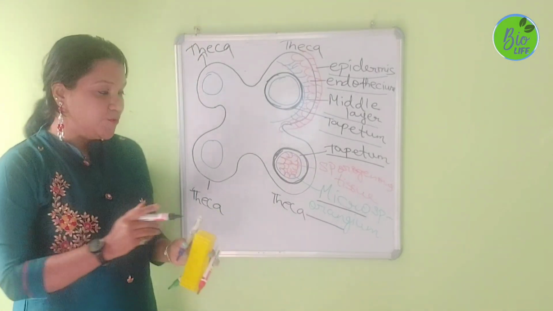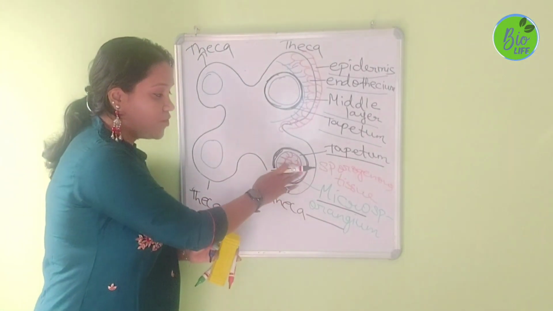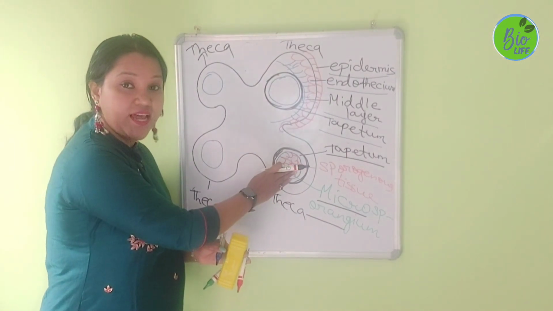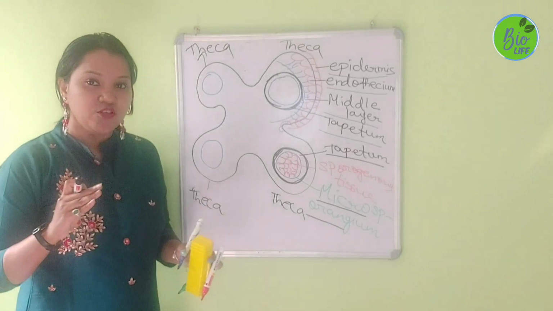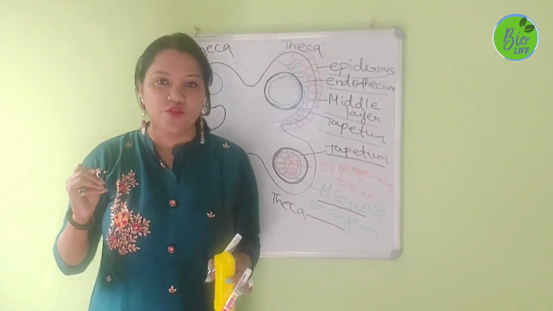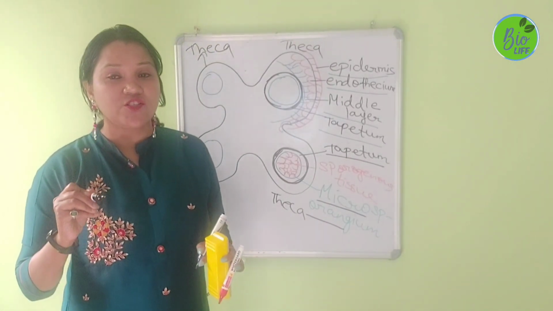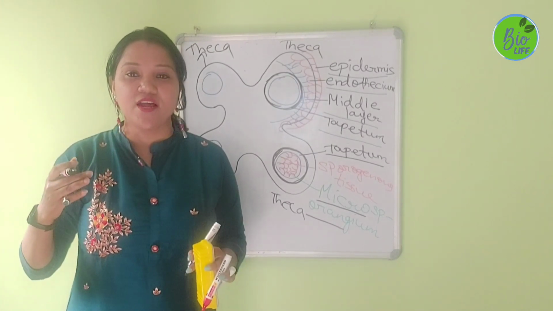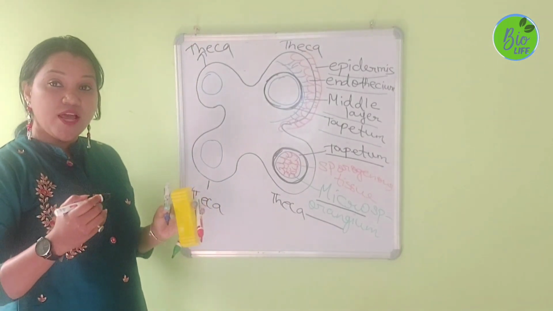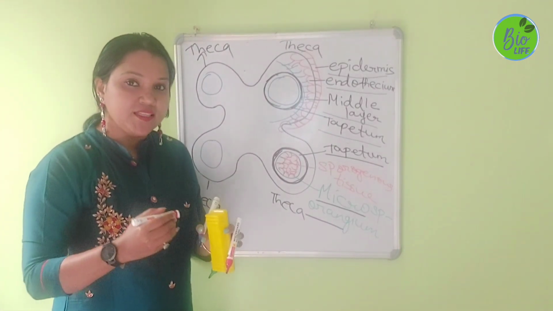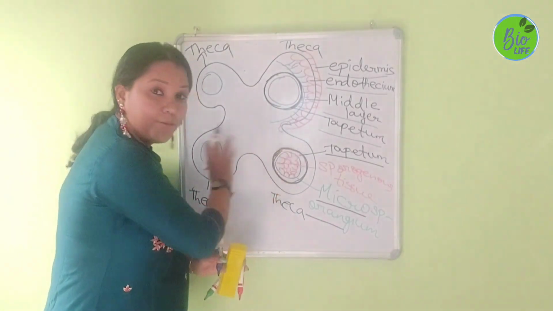Now as I told you, inside the microsporangium, the group of cells present is called sporogenous tissue. Later on they will give rise to male gamete. When the microsporangium further develops, it forms a pollen sac.